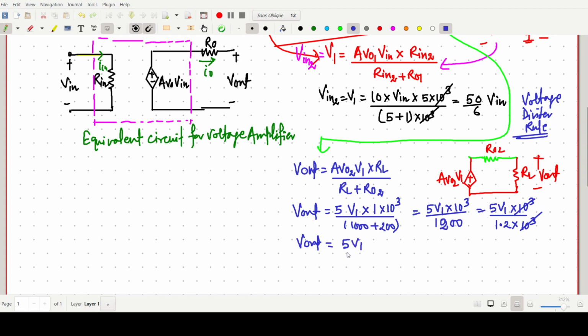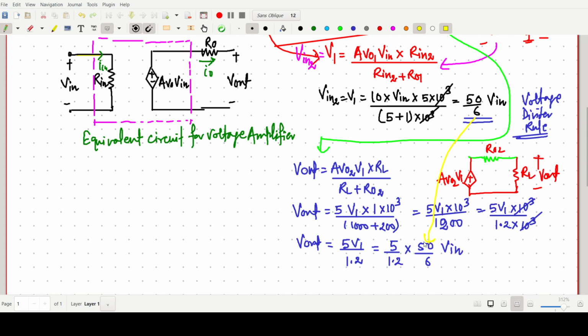So V output will be 5 V1 by 1.2. Okay. Now the V1 value is already there, 50 by 6 V in. So we can write 5 by 1.2 into V1, which is 50 by 6 into V in. We are writing this V1 value.